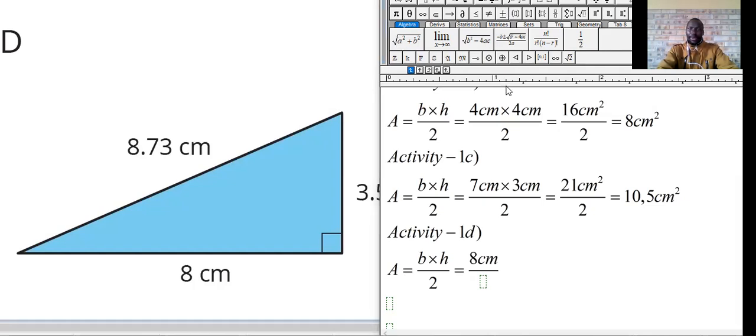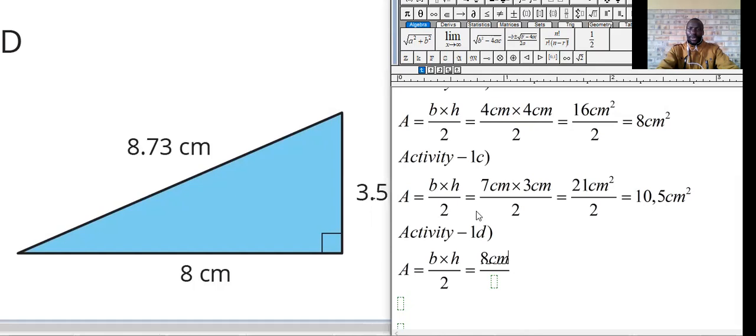Notice that the height is 3.5 centimeters, just right here. So we substitute times 3.5 centimeters.